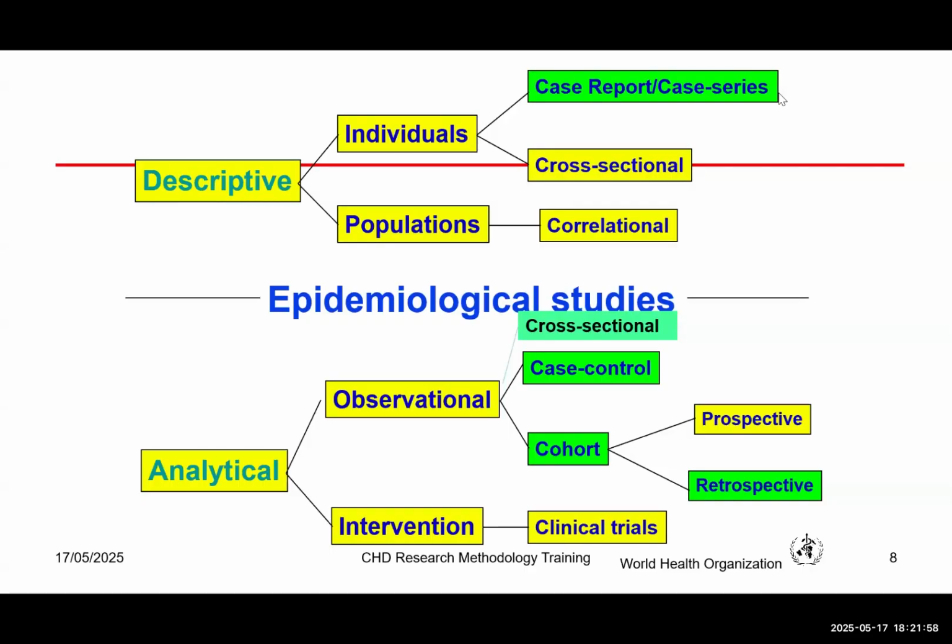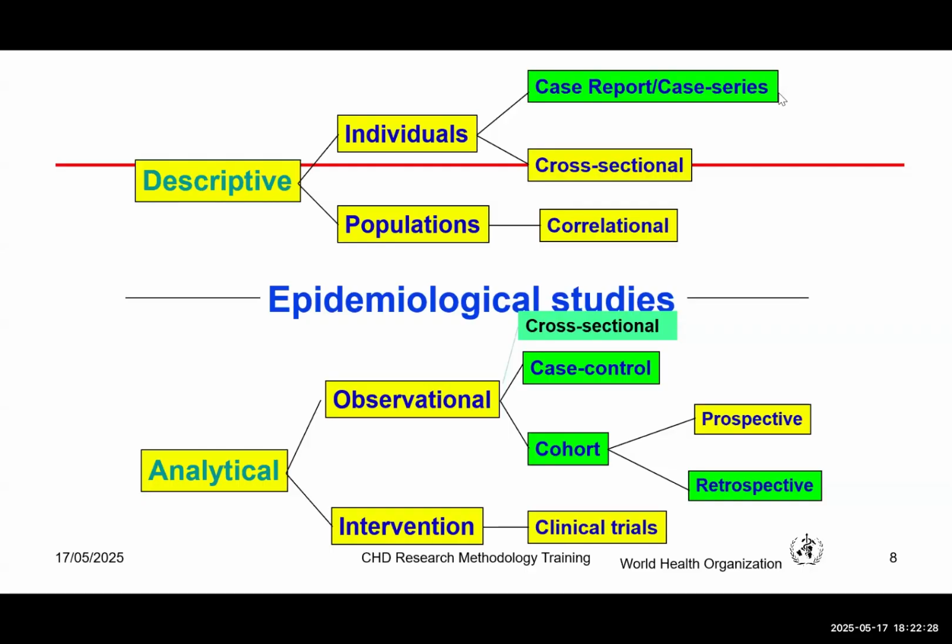The descriptive group is further divided into individual studies and population studies. In individual studies, you're looking at things like case reports or case series, or a cross-sectional study. At the population level, you have the correlational studies or the ecological studies.